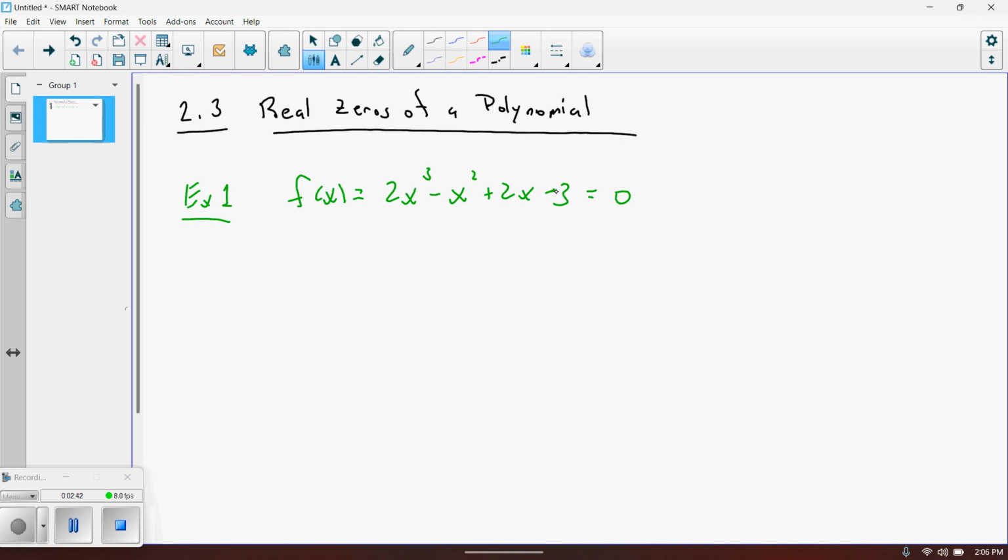In this case, I'm going to actually tell you that x minus 1 is a factor. That's not always going to be the case, but I'm going to tell you that x minus 1 is a factor. So we're looking to figure out the other factors.